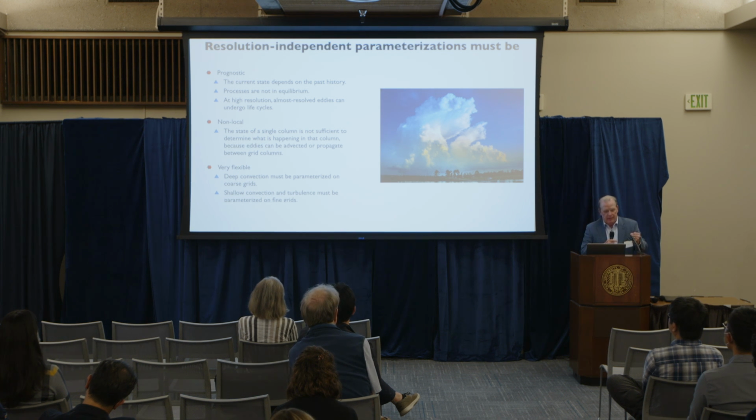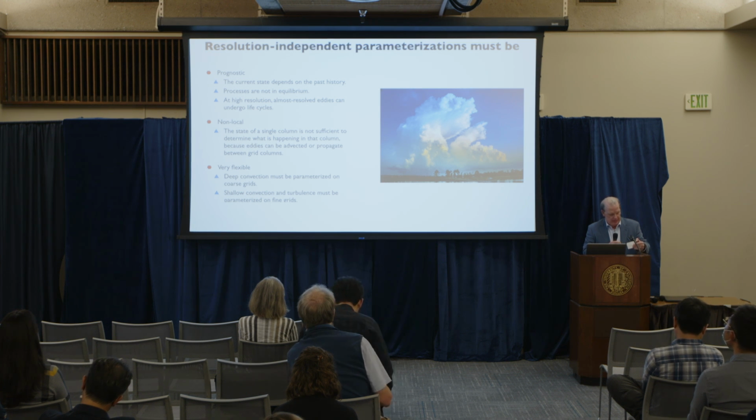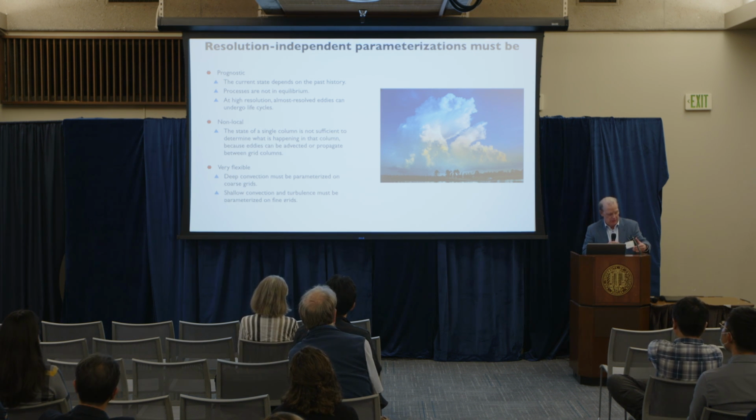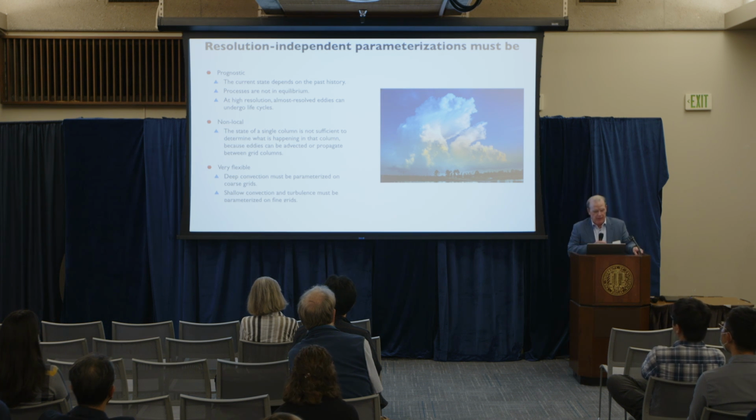I claim that a resolution-independent parameterization has to be prognostic. That is, there has to be time stepping of the parameterization variables themselves, which really means that there's a memory in the parameterization itself. The current state of the parameterized physics depends in part on its recent past state. Okay? And one reason for that is that processes are not in equilibrium, particularly at high resolution.